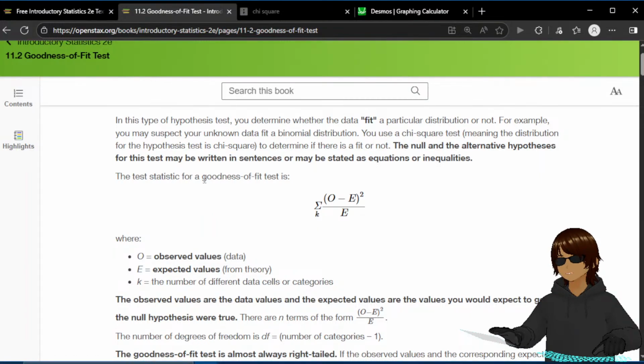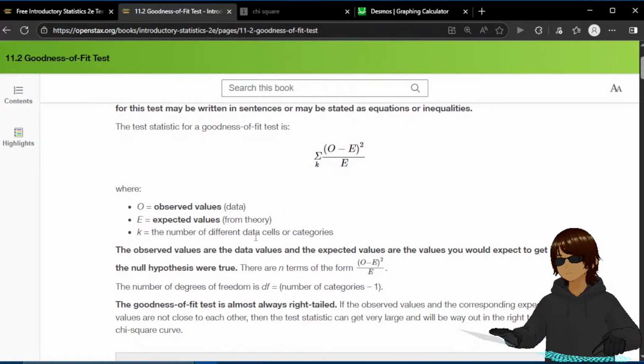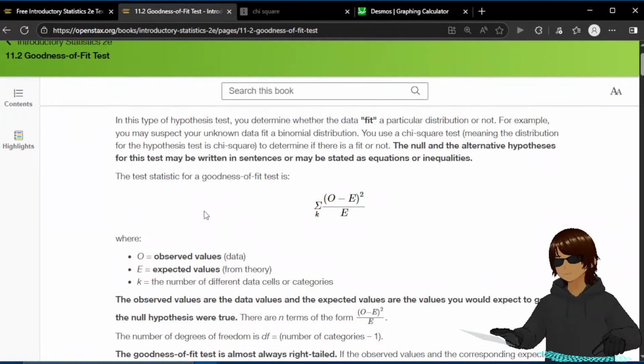The test statistic for a goodness of fit test is the sum of (O minus E) squared divided by E. O is the observed value, E is the expected value from theory, and the sum runs over the number of different data sets or categories.